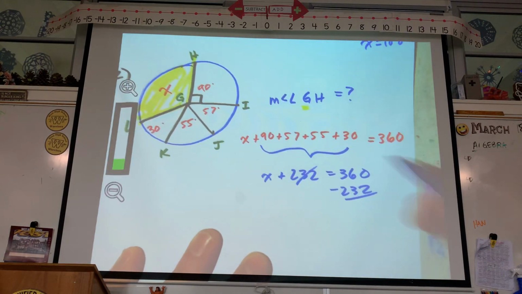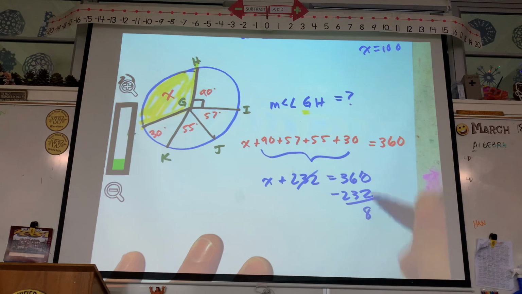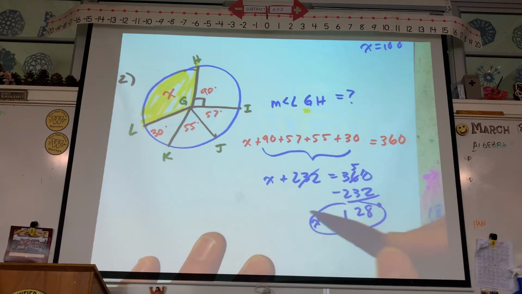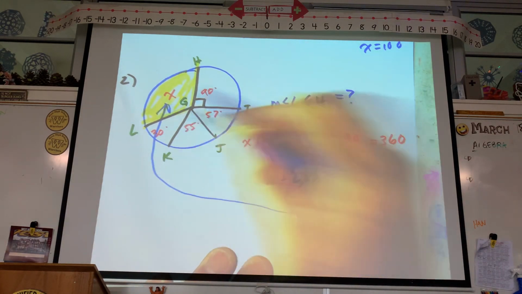Let's see if I remember how to subtract. 10 minus 2 is 8. We changed that to a 5 because we borrowed. 5 minus 3 is 2, and 3 minus 2 is 1. X equals 128 degrees, which is that guy right there.